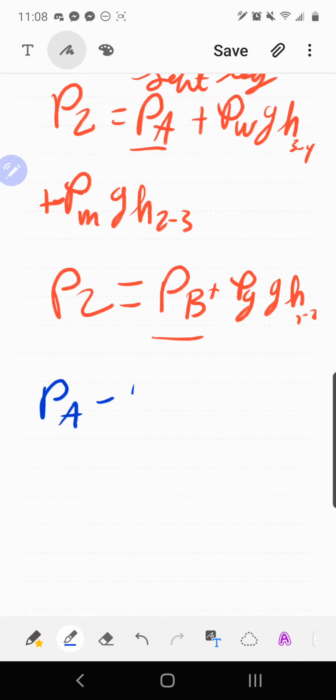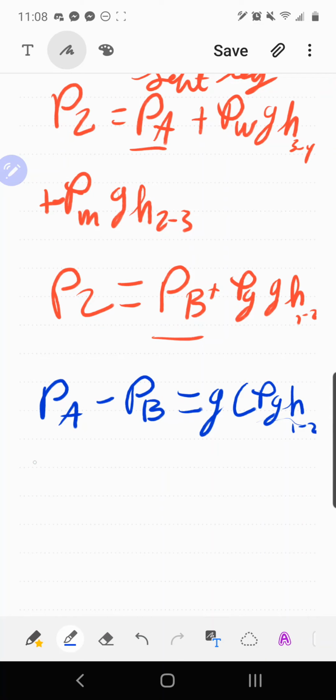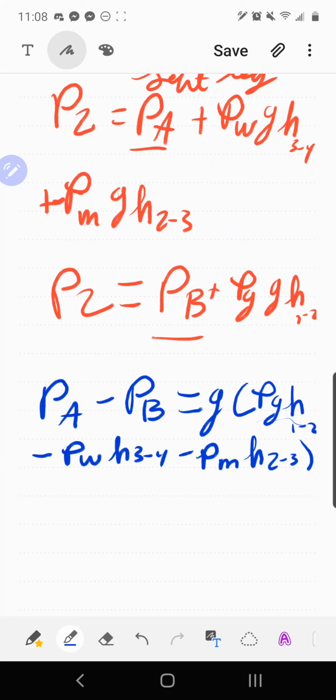If we equate these two, PA minus PB, because the pressure difference, is equal to rho g H of 1 minus 2, minus rho of the water H3 minus 4, minus rho of Hg, which is mercury, H2 minus 3.